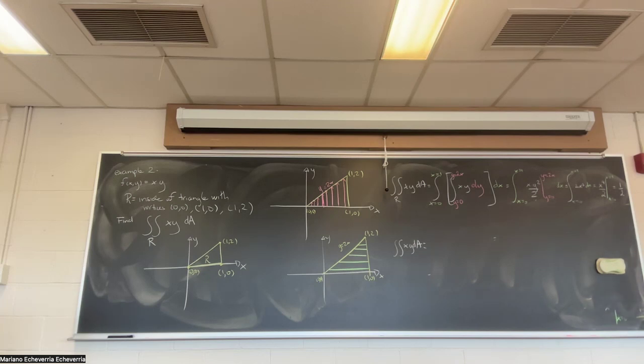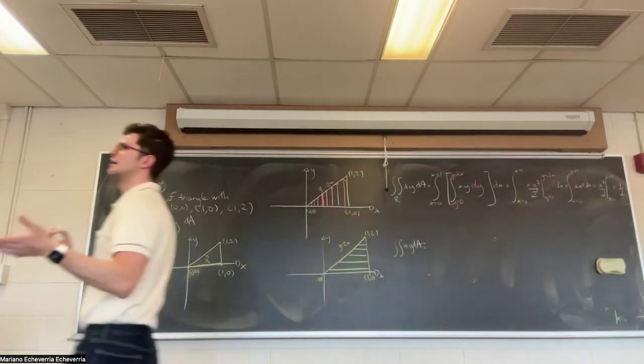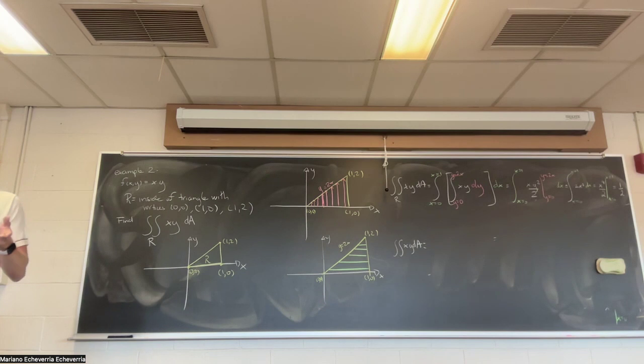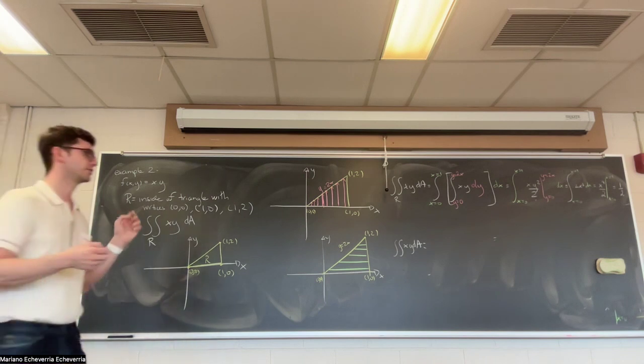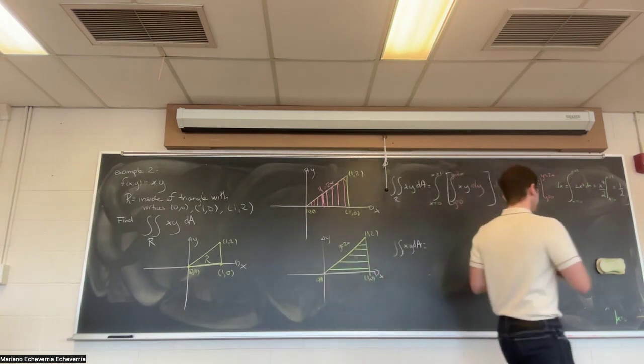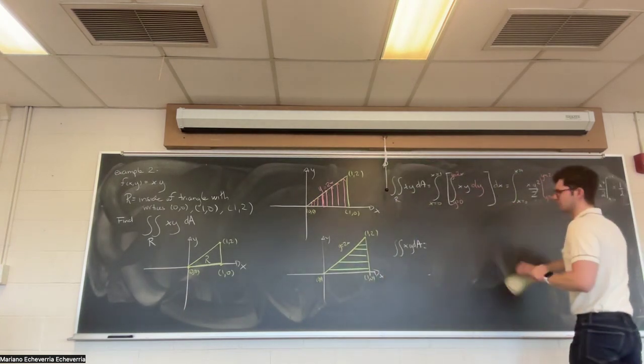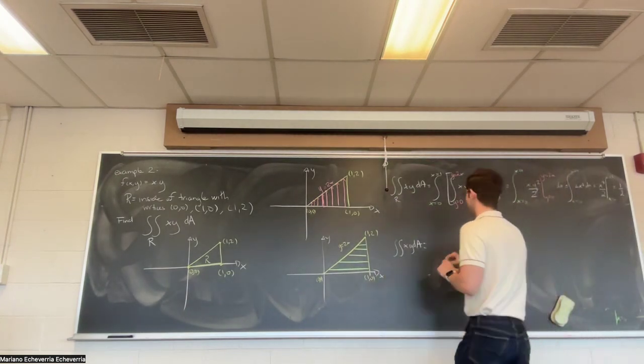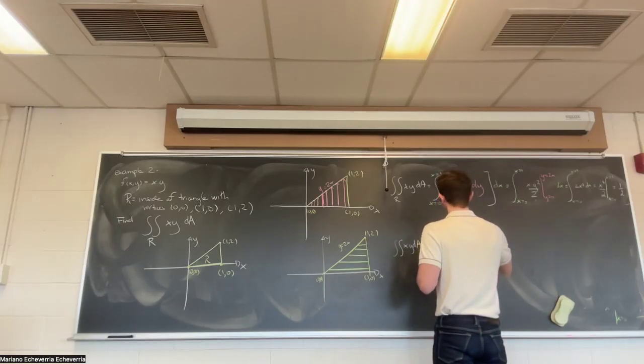Theoretically, they will always give you the same answer, but for practical purposes, one can become easier, and the other can become extremely hard or almost impossible. You'll see that next time when I give you some more examples. But for now, let me just finish by doing it this way.